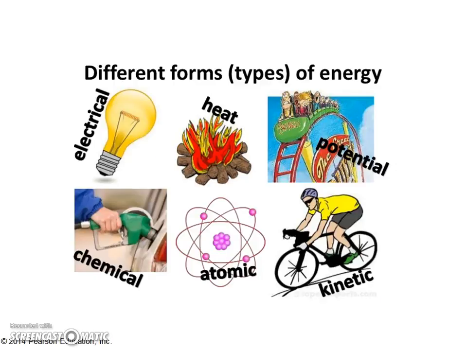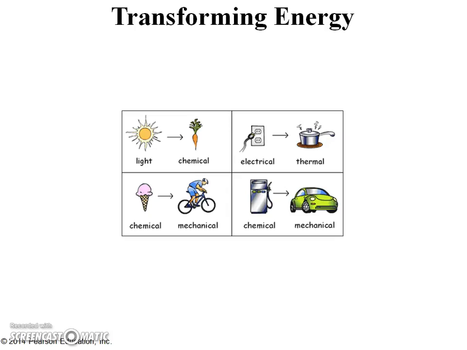The different types of energy are mechanical, which can be broken down into kinetic and potential, thermal, electrical, nuclear, chemical, and sound. So, in a closed system, energy can be transformed from light to the chemicals that make up a carrot, from electricity to heat up your pot of soup, from chemicals in ice cream to give the biker energy to move, and the chemicals of gasoline and the engine to make the car go vroom.